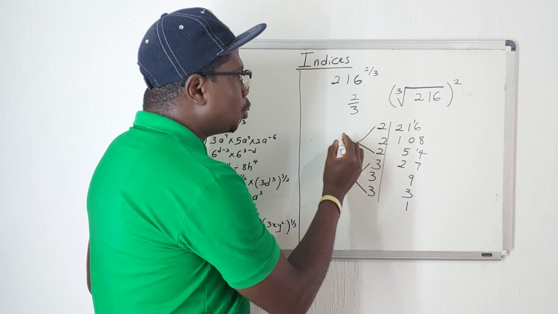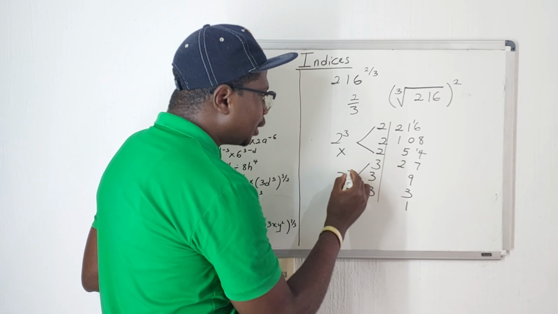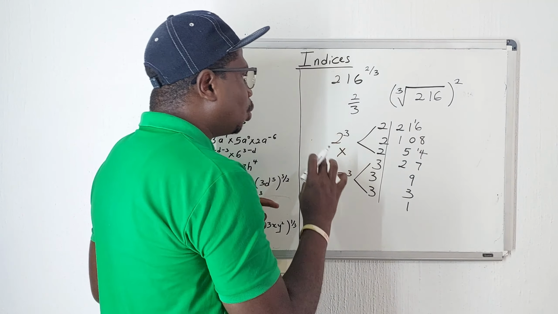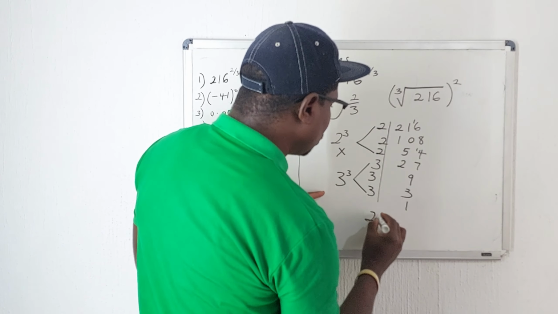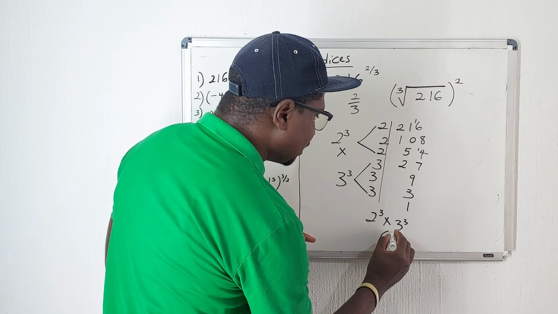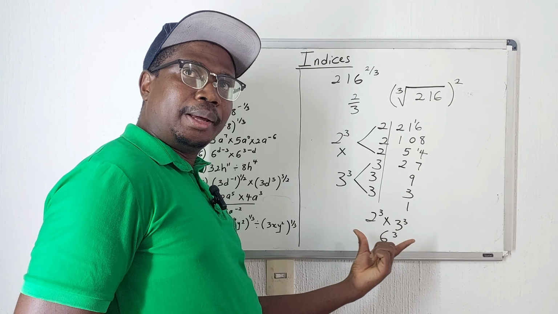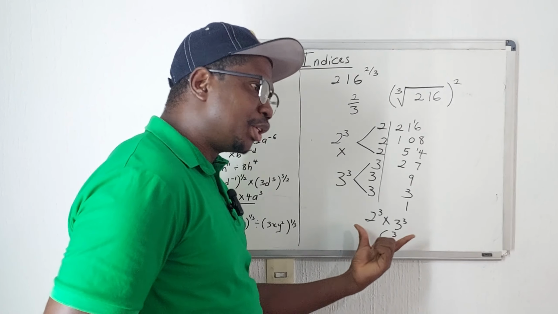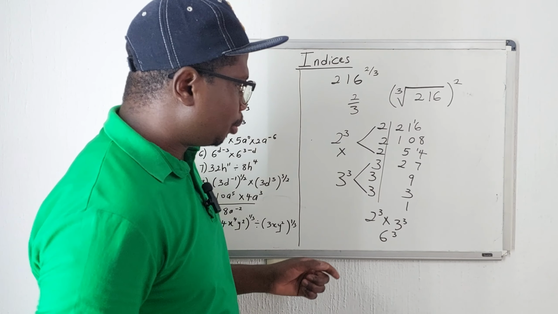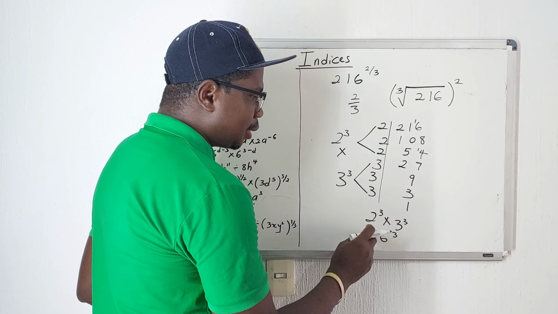How many times is 2 there? 2 to the power of 3, times 3 to the power of 3. So 216 is 2 cubed times 3 cubed, which is 6 cubed, because of the multiplication law: when we have the same indices, we take one index and multiply the bases. 2 times 3 is 6.